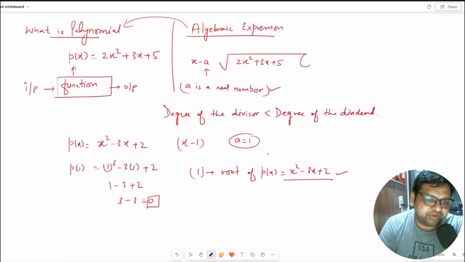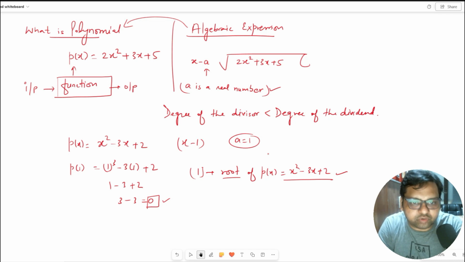So whenever you need to find out the remainder, it can be 0, the remainder may not be 0. That depends upon what input you are providing. So here if the input is 1 in this particular example, this will become a root because it is producing 0 as the output. So root may be called as 0 itself, 0 of polynomial. इस तरह से हम polynomial को समझ सकते हैं.